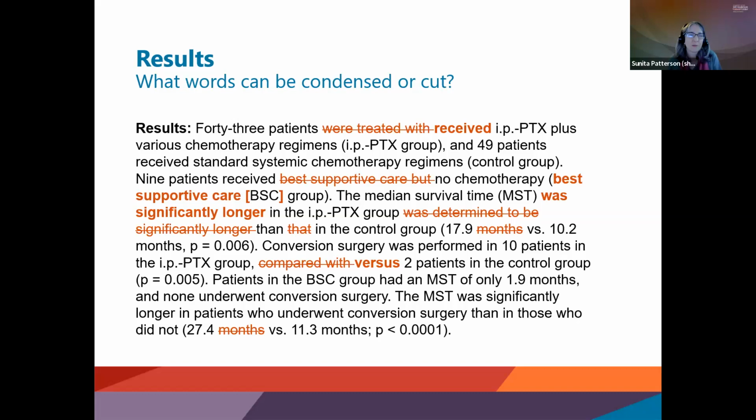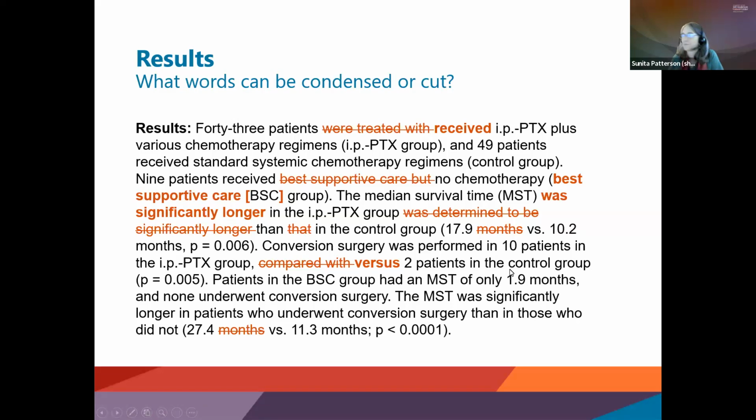Instead of "the median survival time in the intraperitoneal paclitaxel group was determined to be significantly longer than that in the control group," we just said the MST was significantly longer in the paclitaxel group than in the control group. This word "months" is completely clear if it's not repeated, so we took it out here and below. And then we changed "compared with" to "versus."